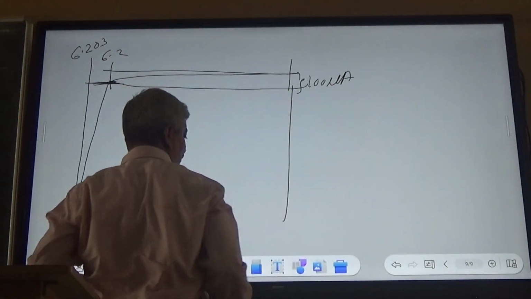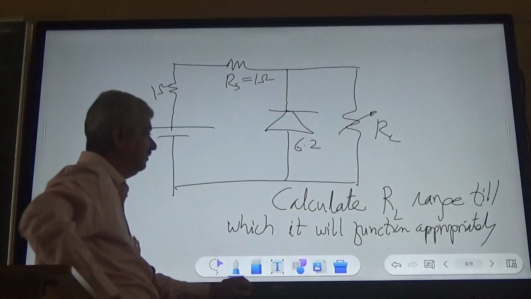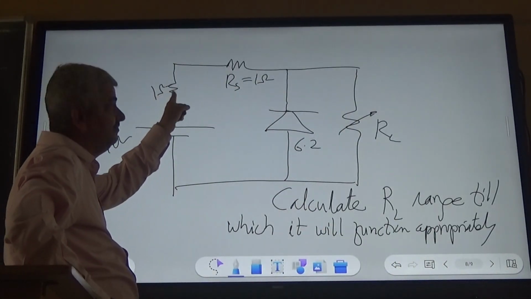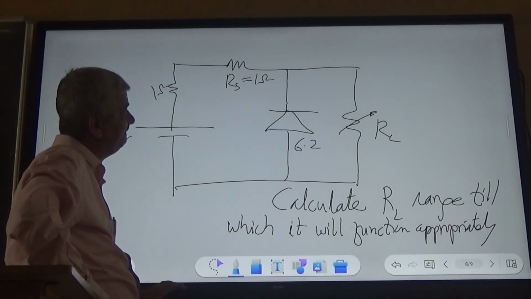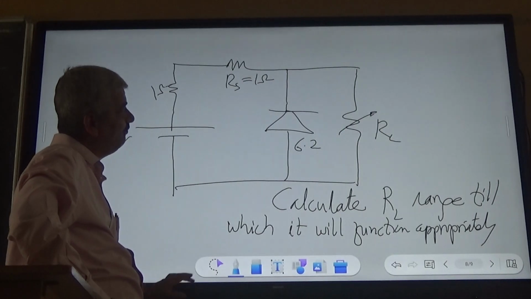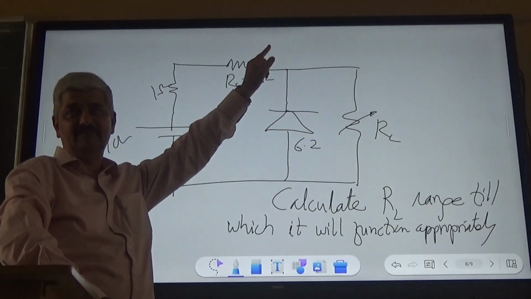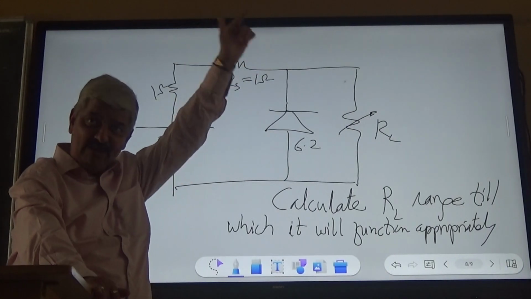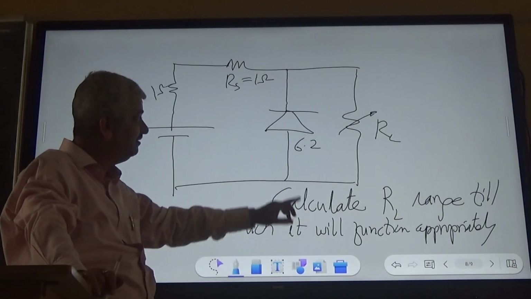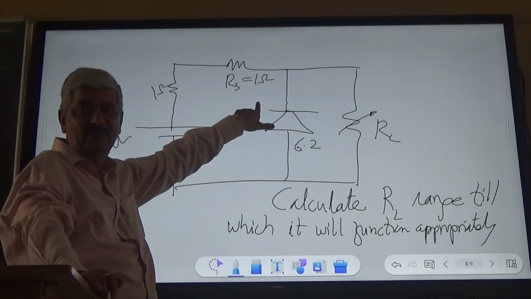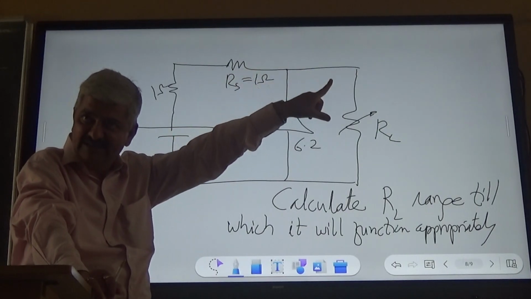So when we go for this one, this is 1 ohm, this is 1 ohm. So in that case, what is the value of RL? What is the maximum load which this regulator will be able to supply in a satisfactory manner?